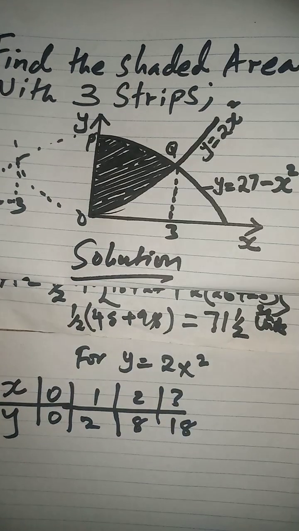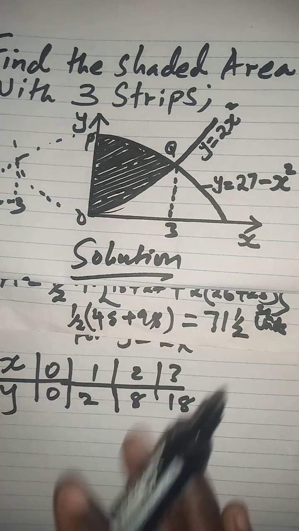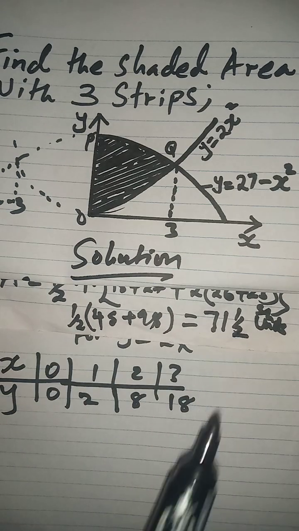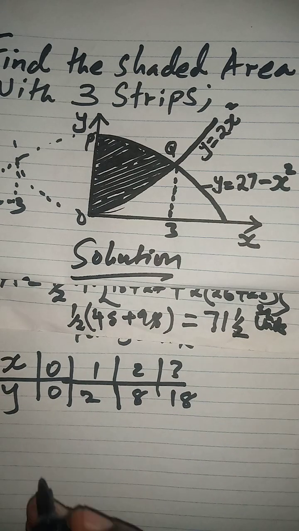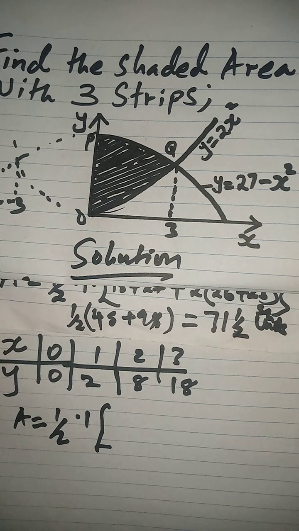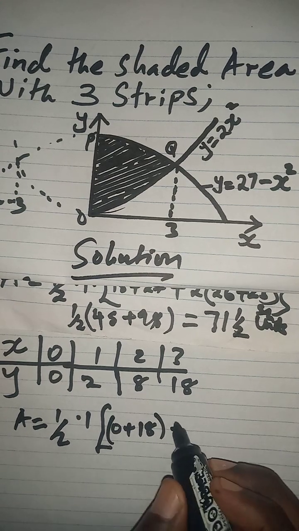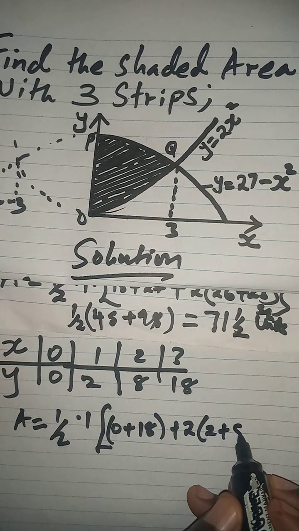Then I'm going to subtract the two answers. I'm going to subtract the upper part, which was 71.5, and what I'm going to get there. So that means I'm going to take 0 plus 18 plus twice the remaining 2 plus 8.